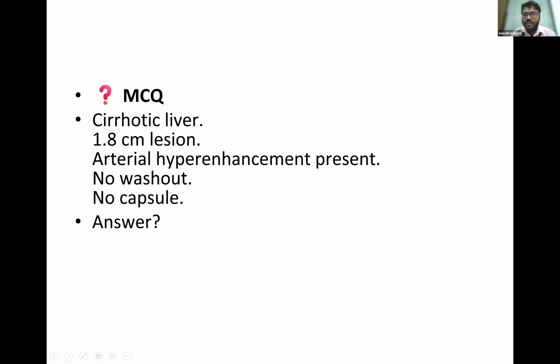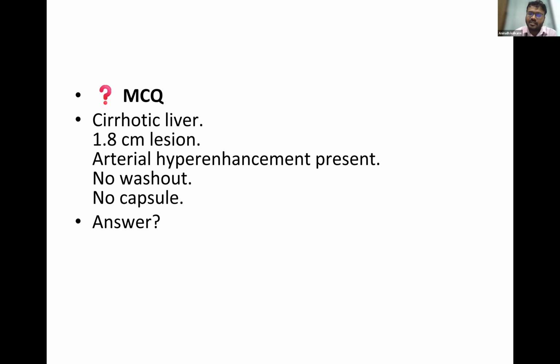Okay, now next question, please try to answer. There is a cirrhotic liver, 1.8 centimeter, arterial hyperenhancement is present, no washout, no capsule. So we have to see the chart which we have discussed.